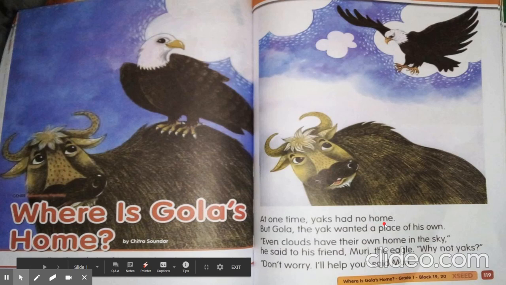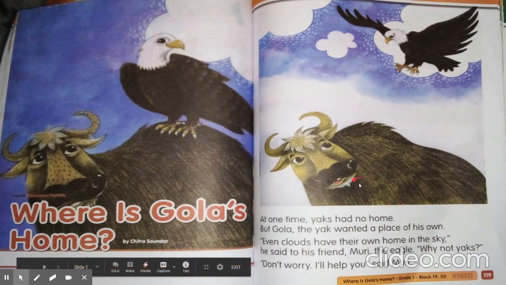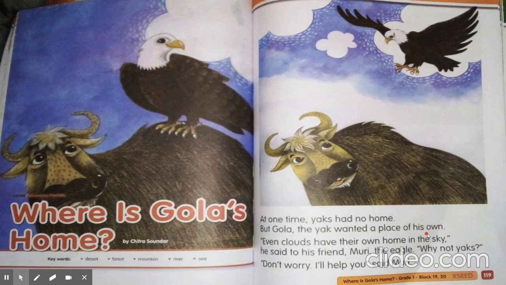If we don't have a home, we live outside. In the same way, the yak doesn't have a home. But Gola the yak wanted a place of his own. So Gola wanted to have his home.